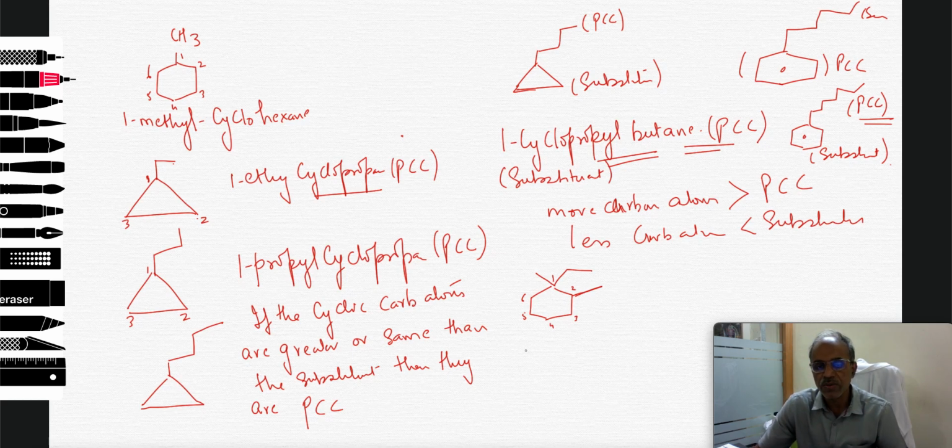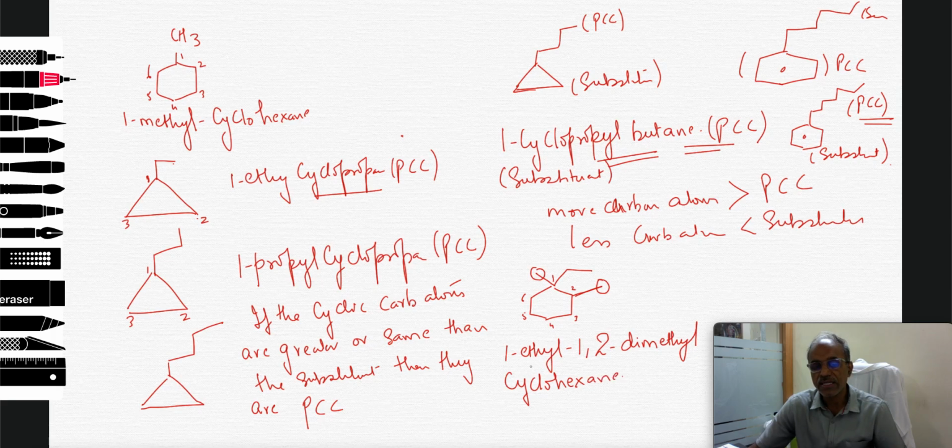So it will be 1-ethyl. Here this is methyl and this is methyl. 1,2-dimethyl cyclohexane. So 1-ethyl-1,2-dimethyl cyclohexane.